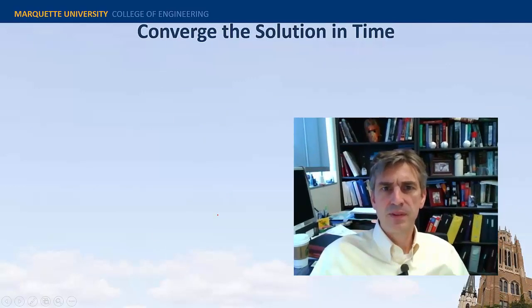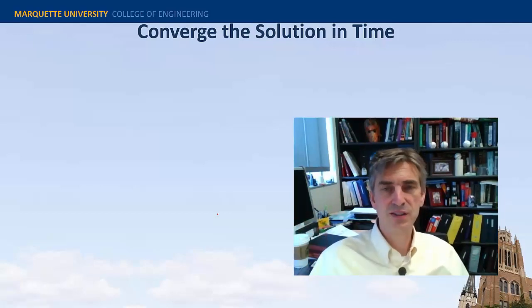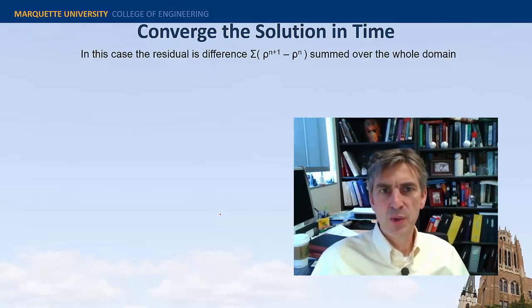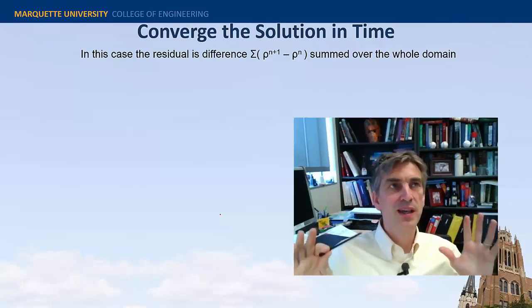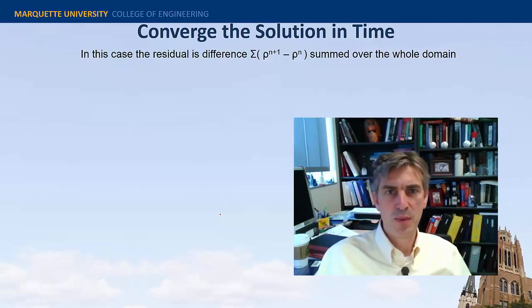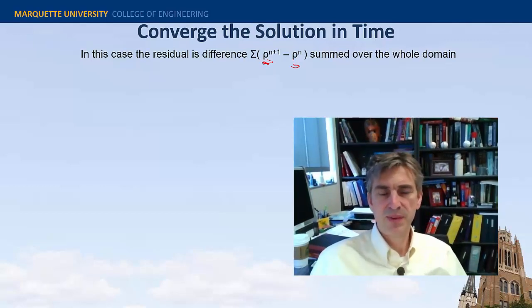All right. We can also converge this solution in time. So what we just did is called a mesh convergence, and then we should also look at it in time. So we're going to calculate something called the residual. And the residual is really anything that allows you to characterize the overall converged nature of the domain. So I'm going to pick density, and I'm going to take the difference between one time step and the other time step.